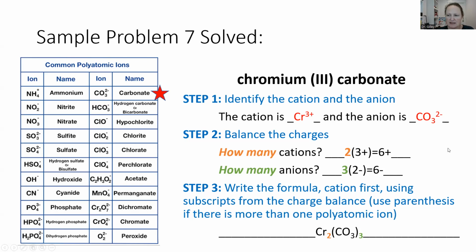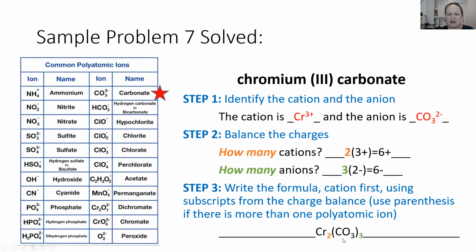So notice that the charge here, 2-, becomes the subscript for the other ion. So these subscripts are needed when we're writing out the formula. So we write Cr2 because we know we need 2 chromium 3+ ions to balance out the 3 carbonate ions.